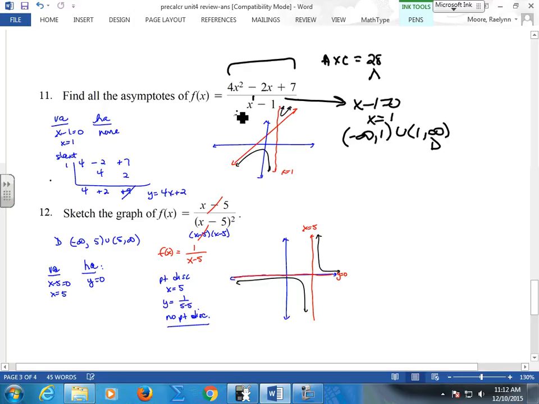Set the denominator equal to 0. There's where you have to divide by -1, set that equal to 0. Divide, get rid of your remainder. So y equals 4x plus 2. Here's your slant asymptote. And I think I browsed over the vertical. Your vertical was what was in your denominator, the x equals 1.